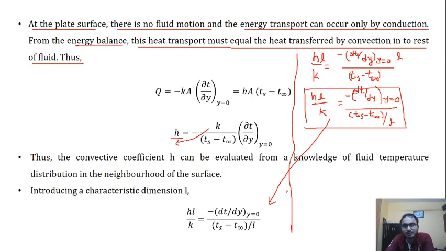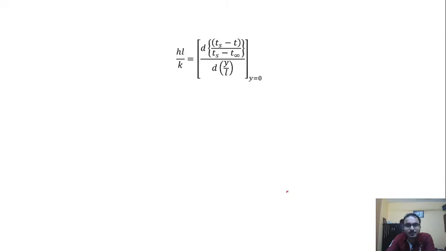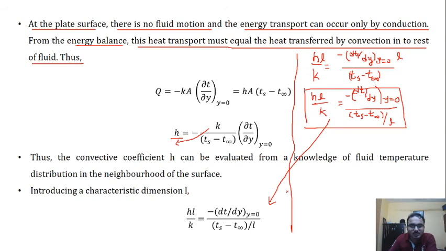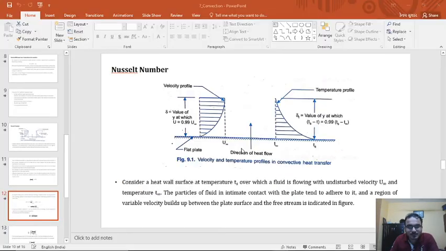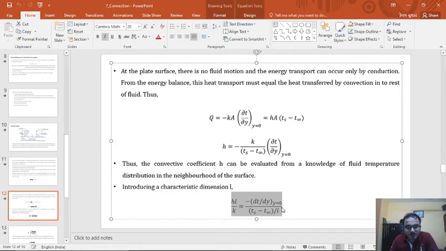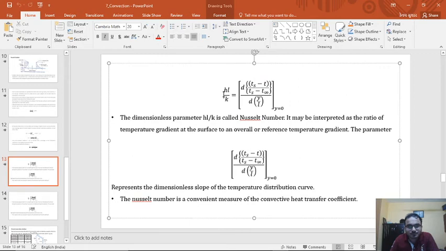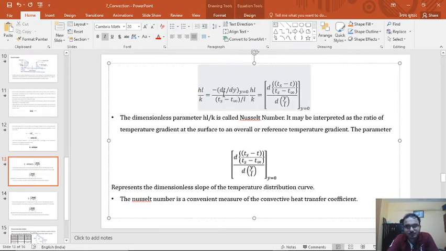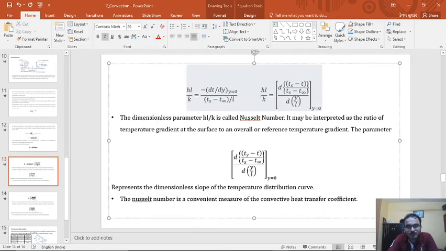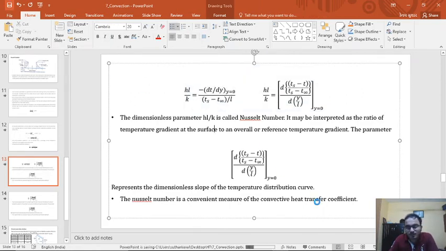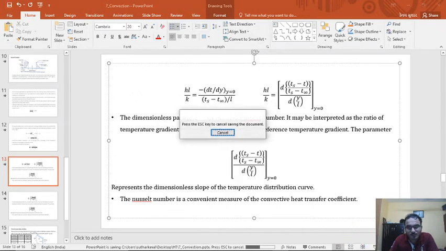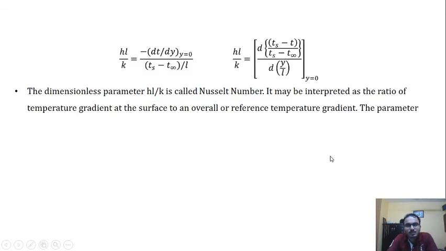Here we have modified this in this way. If you focus on both the formulas, in the numerator we have taken the differentiation of Ts minus T and Ts minus T infinity.